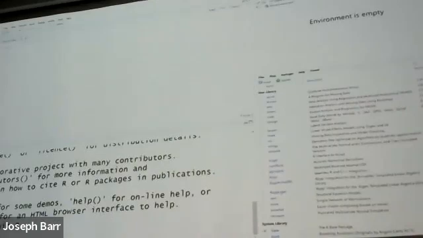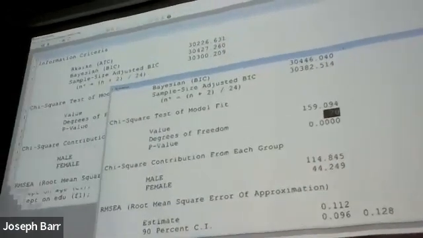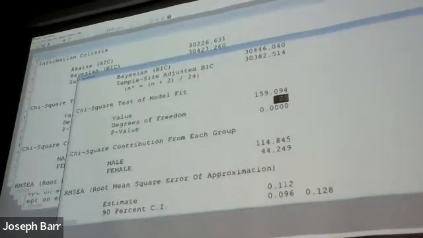Okay, let's have it. 31. So the critical value for chi-square distribution with 20 degrees of freedom is 31, but here this number is much larger than 31, so it is significant.